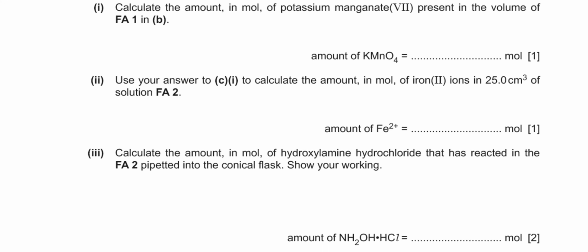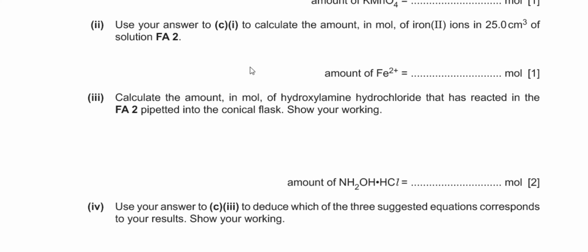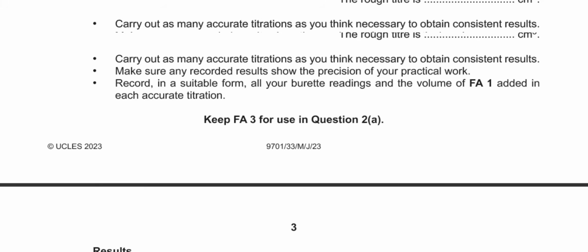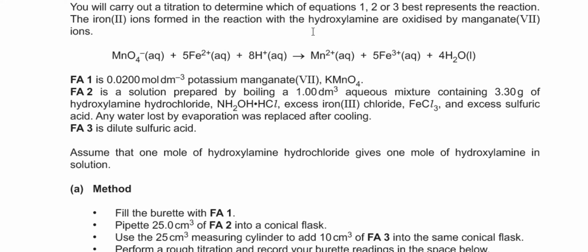Next, here he says use your answer to C1, which was our value of manganate ions, to calculate the moles of iron 2 ions in 25 centimeter cube of FA2. So remember, he gave us the equation to make the ratios. Whenever the manganate ions are 1 mole, how many moles of iron 2 do we require?